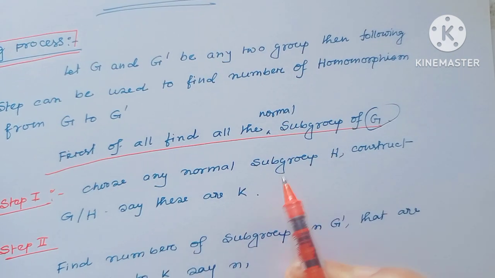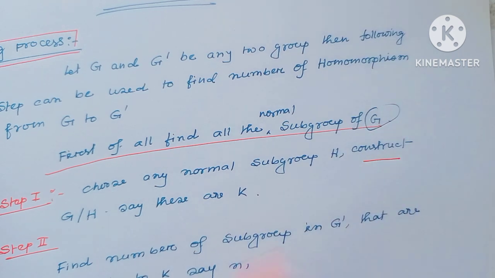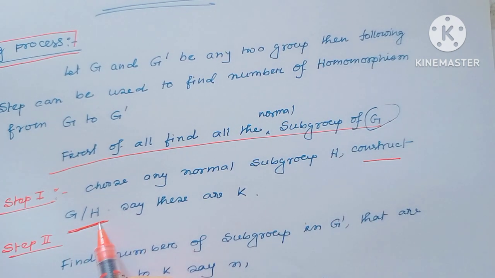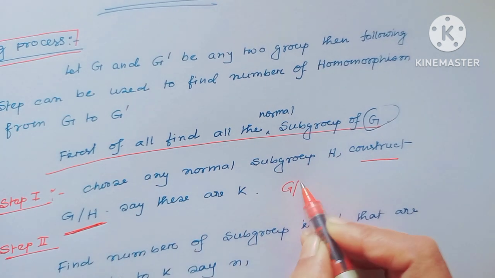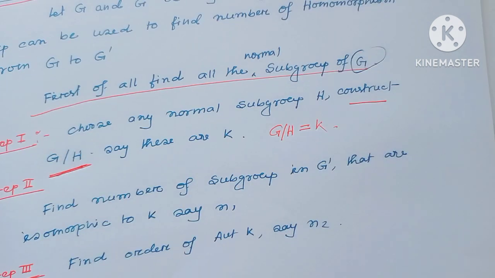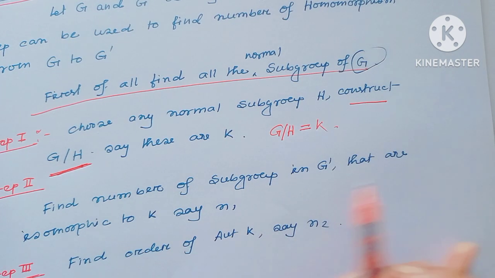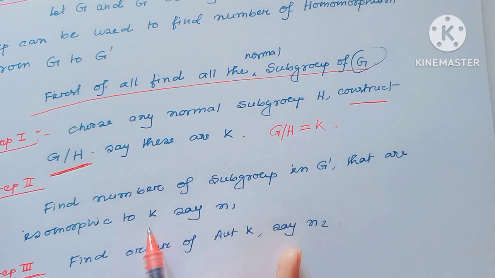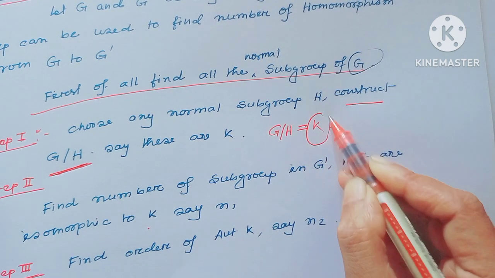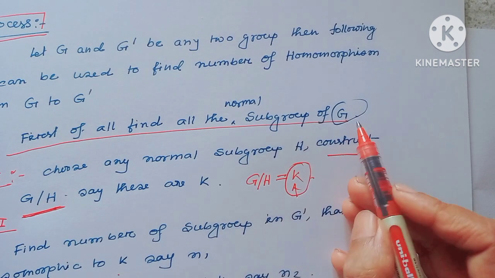Step 1. Choose any normal subgroup S and construct G mod S. Say G mod S equals K. Step 2. Find the number of subgroups in G dash that are isomorphic to K. That means we have to find the number of subgroups of order K in G dash.